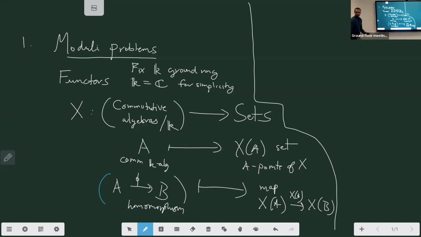So why are we interested in these objects? Because let's consider this example.